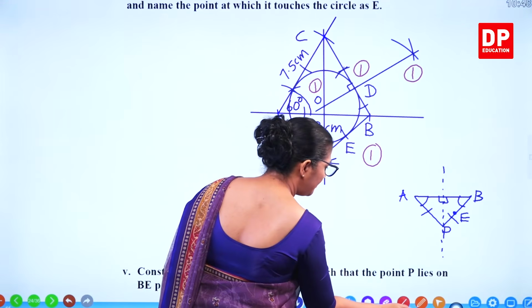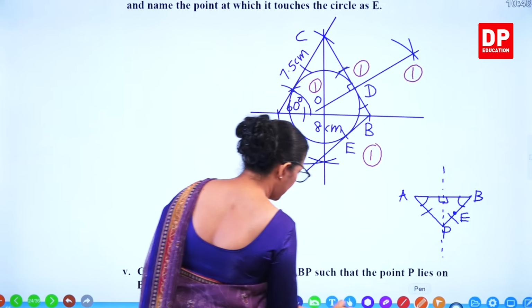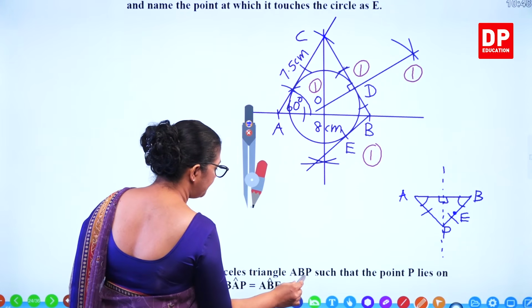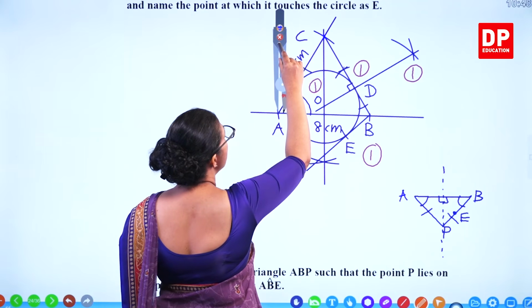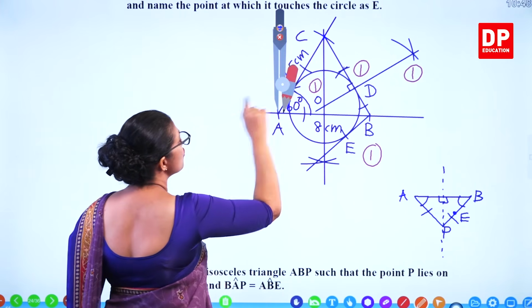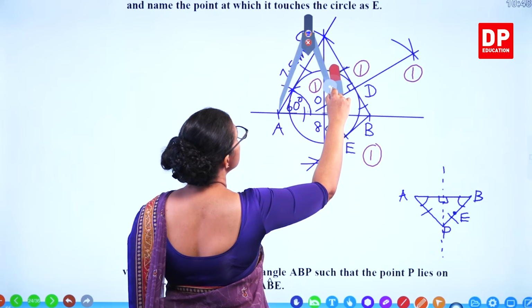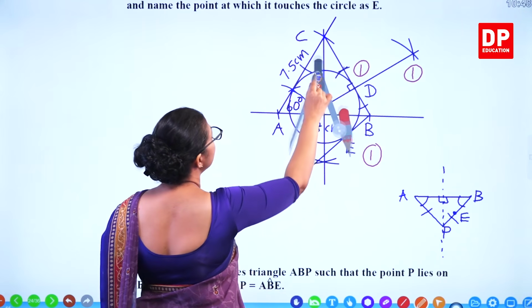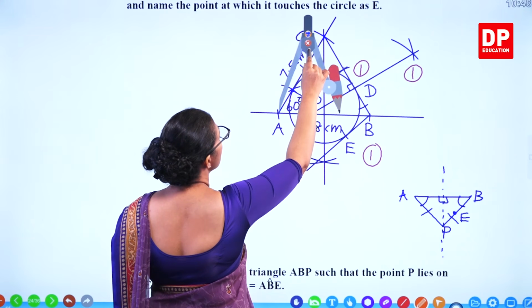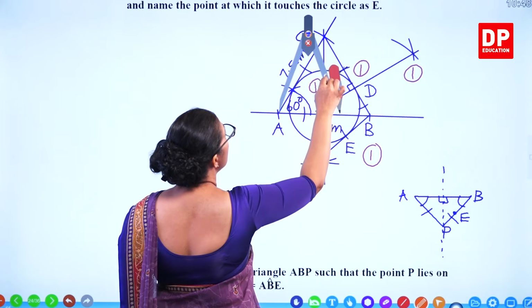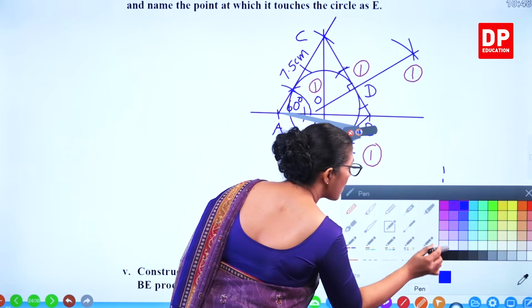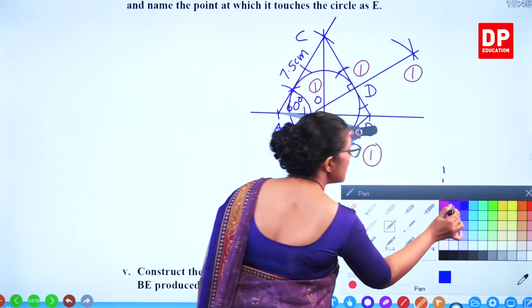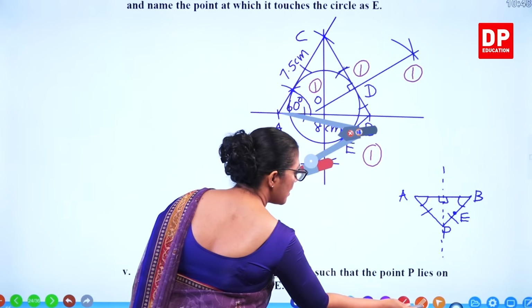So take the compass. We need to draw the perpendicular bisector. So you take a certain distance, and we can use a different color so that you can see it properly.